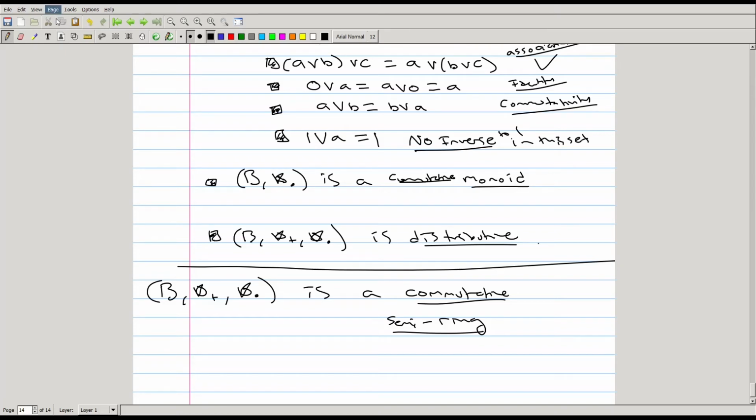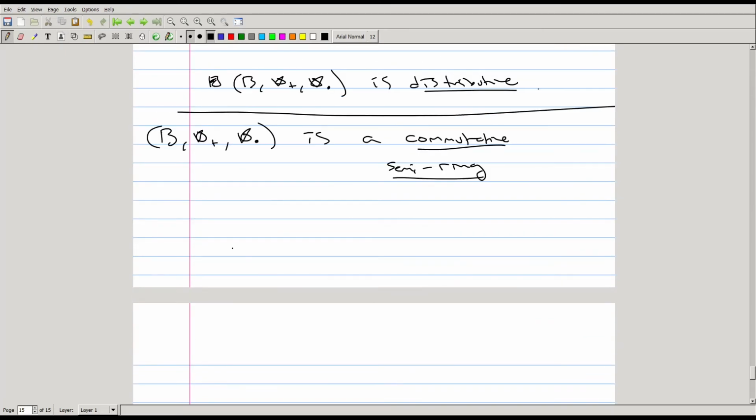And this is a very important commutative semi-ring, especially with respect to the previous idea of creating matrices from rings, because this is directly related to the Boolean product matrices that we talked about before.